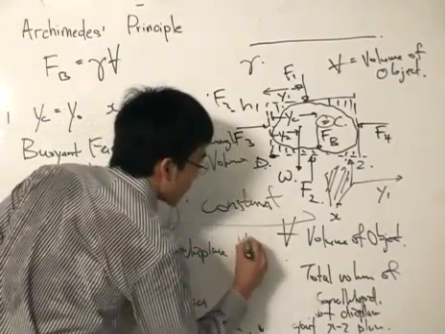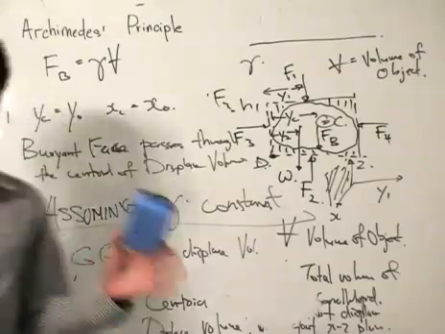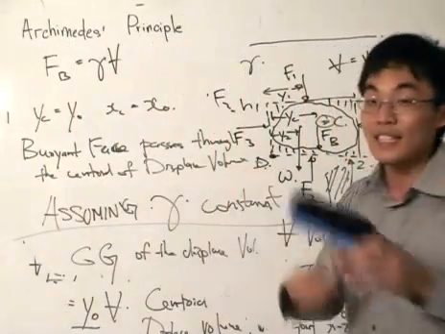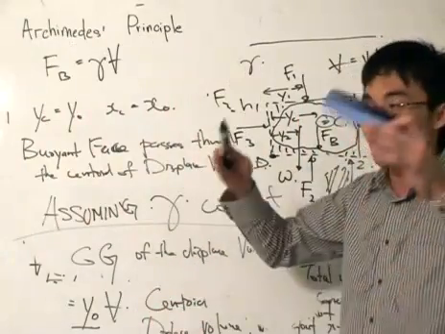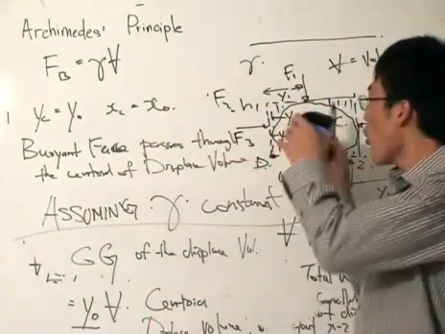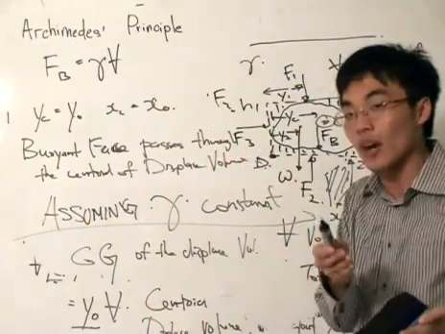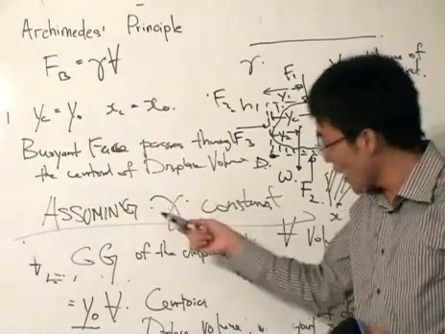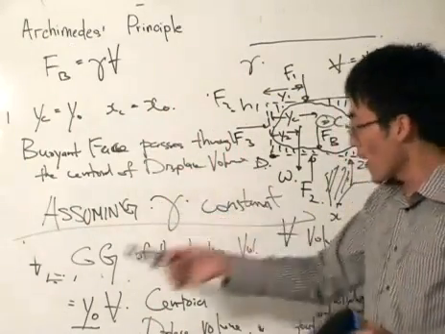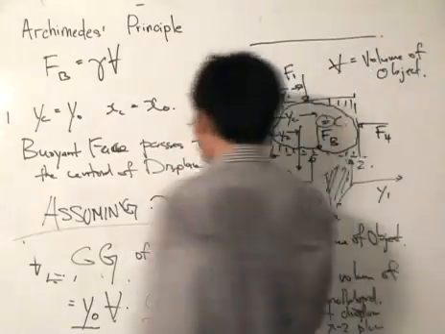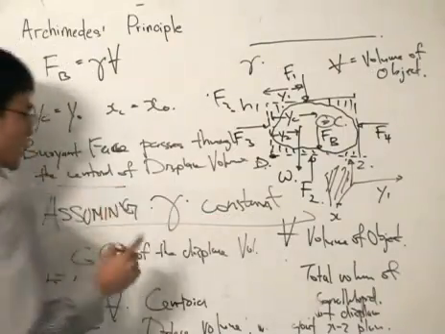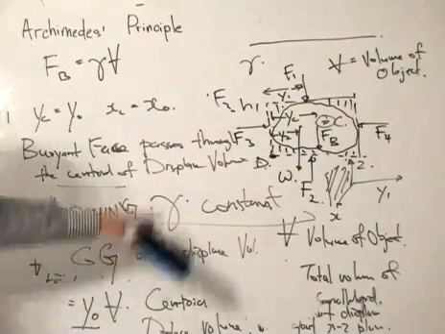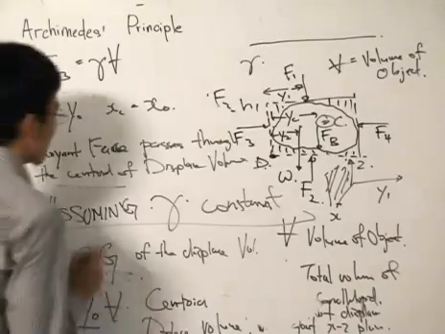Why is that so? Because at each point of the displaced volume, there's a different specific weight. That is what the center of gravity means. We will sum up the different points of the displaced volume, taking into account the change in the specific weight, to find the center of gravity. So assuming the specific weight is constant, the buoyant force acts at the centroid, very easy. Assuming it's not constant, it acts at the center of gravity of the displaced volume.